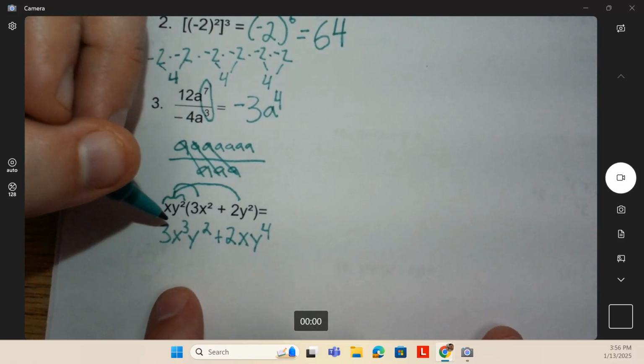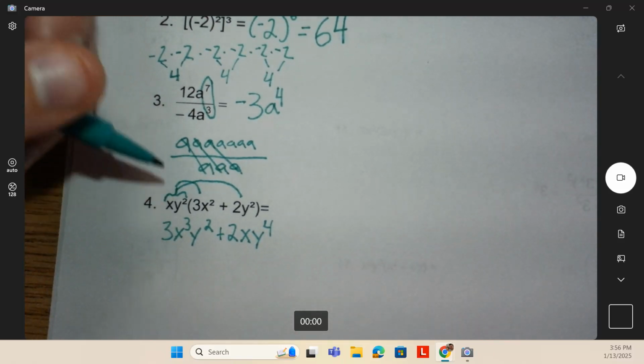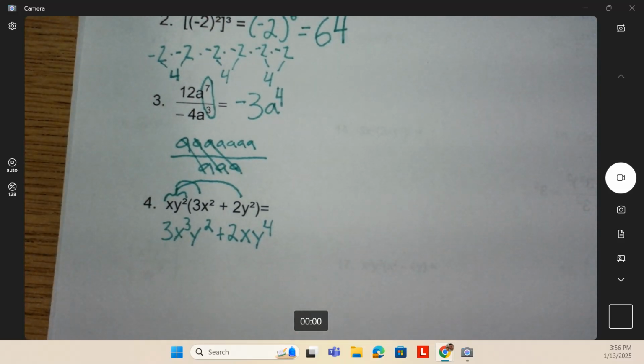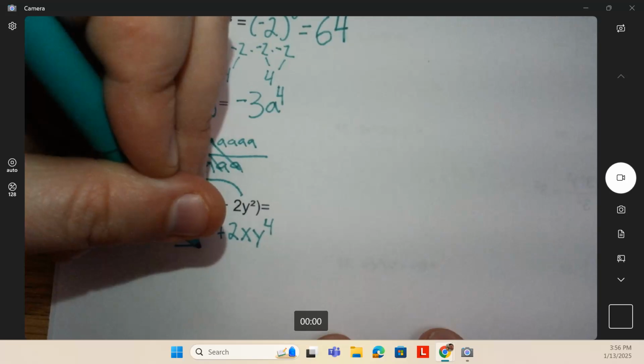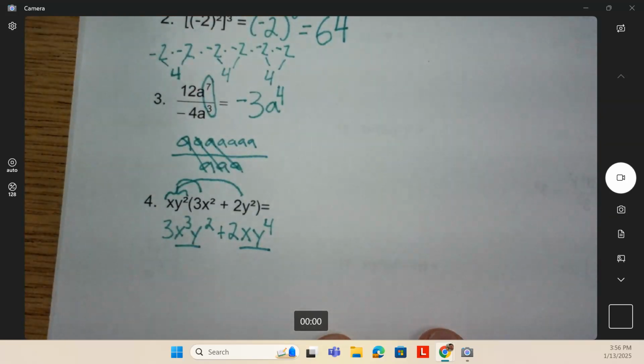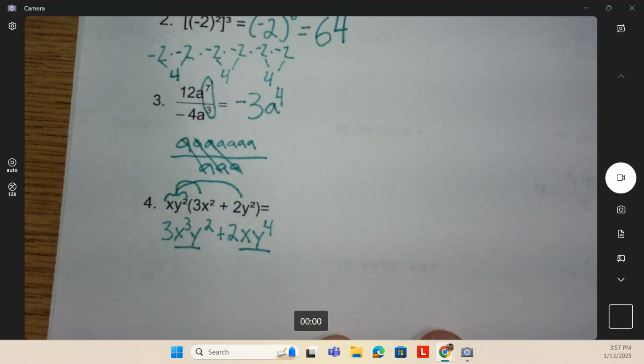Now, to see if I can add these together, I need to take a look at both of those, and since they are not the same, I cannot add them together.